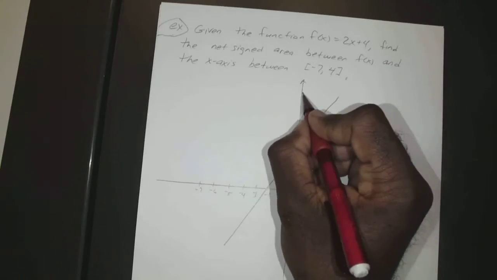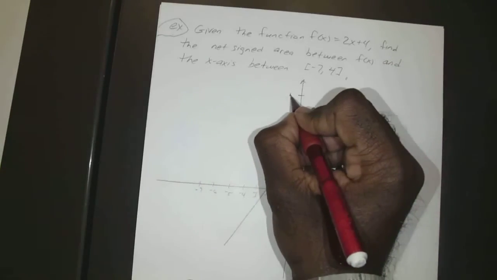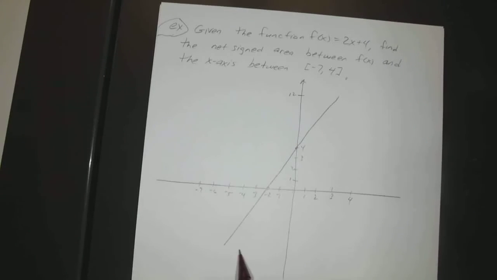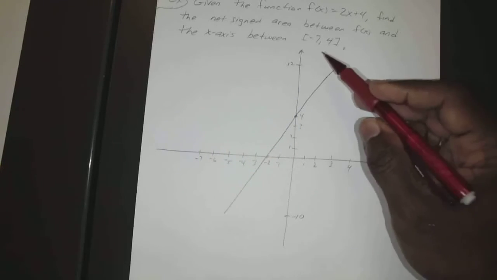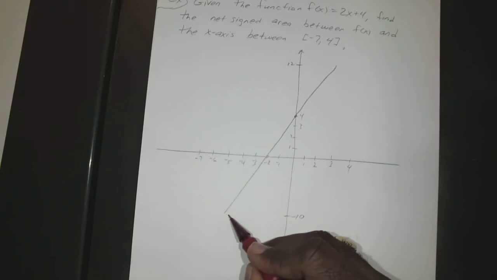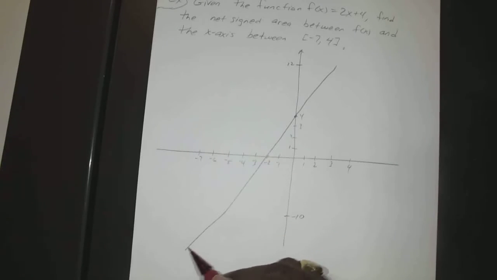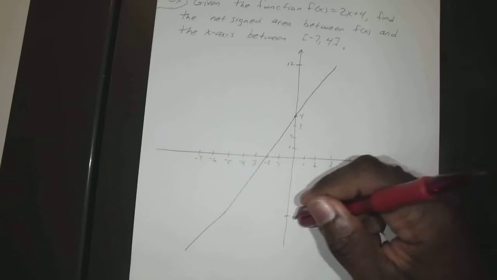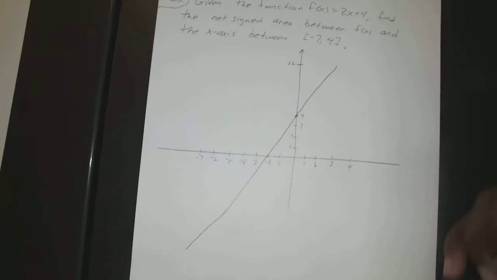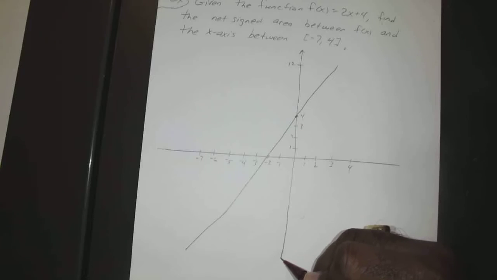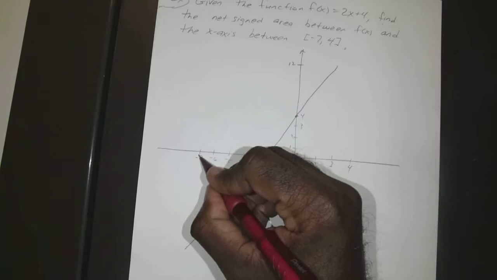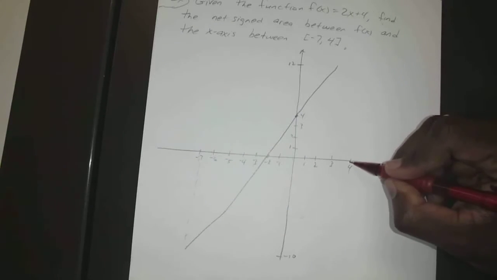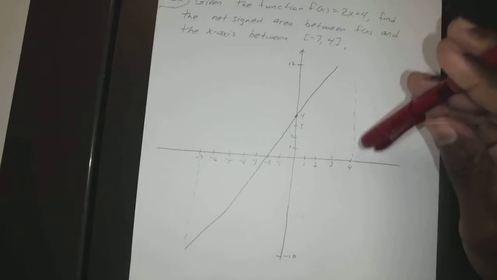And for the sake of space, this goes up to 12, and this goes down to -10. Okay, so between -7 and 4, got to go down a little bit more. Curve that in because we're running out of space trying to draw this.